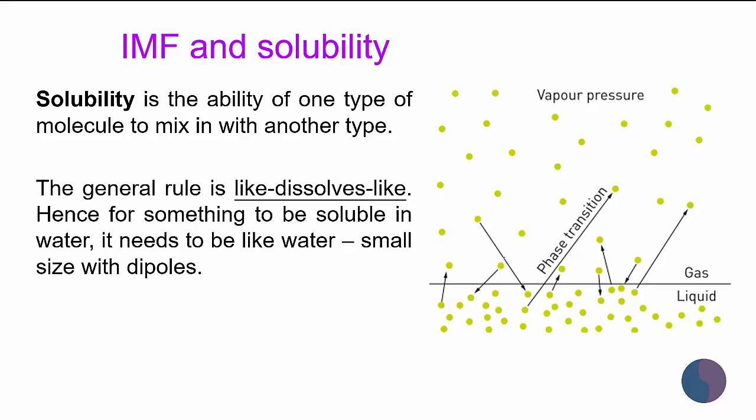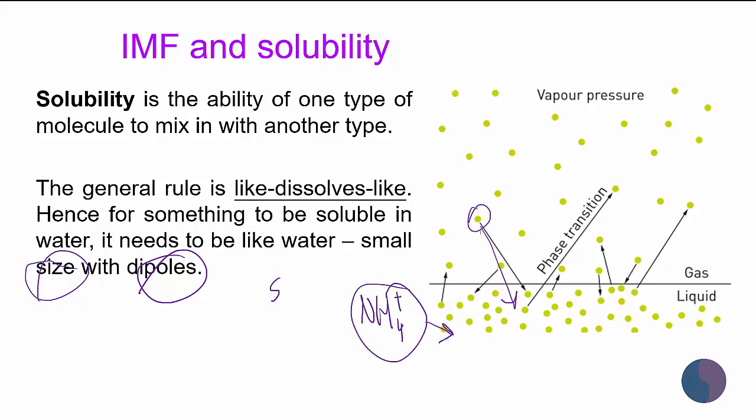And solubility as well. I'm assuming these are gases here. If the gases are going into water, there are two things it needs to be. It's like dissolves like, and water is usually the solvent we're talking about. So it either has to be small in size, or have a charge, or both. If it's something like ammonia, which is small and polar, it's extremely soluble.